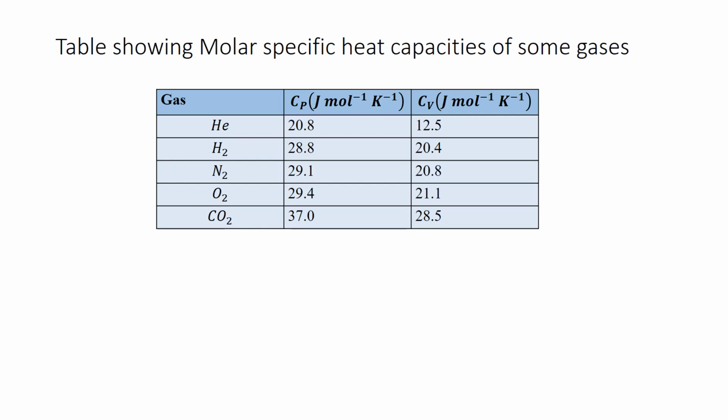We know that carbon dioxide's heat capacity is very high. So if it absorbs heat energy from the sun, in those regions the temperature will rise. So that's why global warming is increasing.